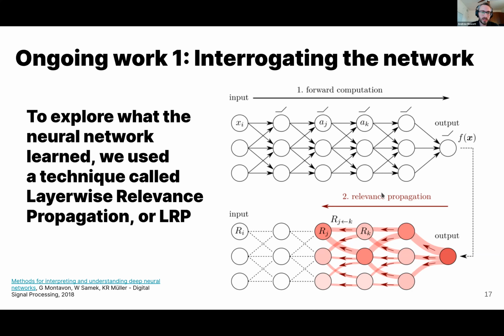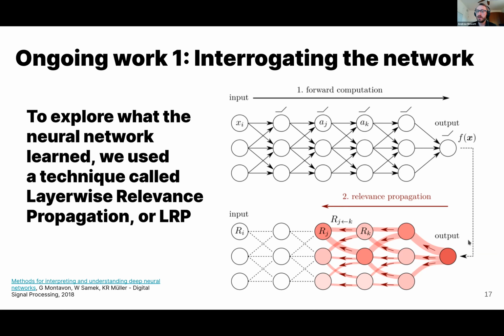So to do that, we used a technique called layer-wise relevance propagation. There were a few talks about this yesterday, but the high level of this is, once you have a trained model, the top section of the diagram, you can run it in forward mode to make predictions. You give some input and you get some output.